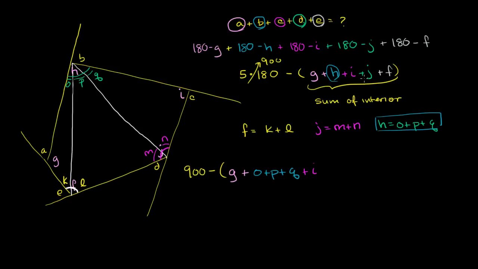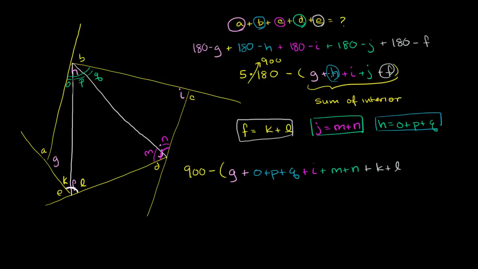The magenta will go with I, and then J is this expression right over here. So J is equal to M plus N, so plus M plus N instead of writing a J right there. And then finally we have our F, and F we've already seen is equal to K plus L. So plus K plus L.